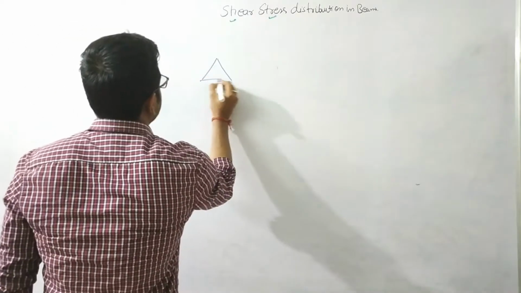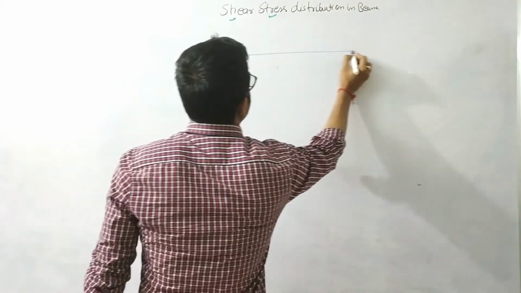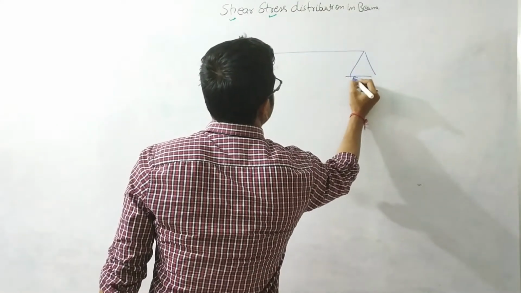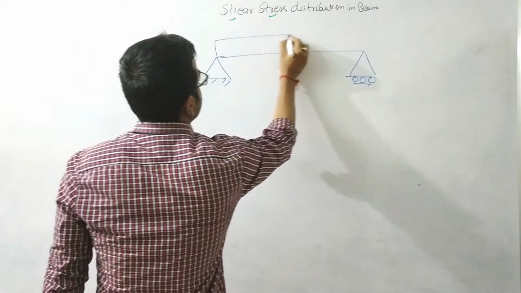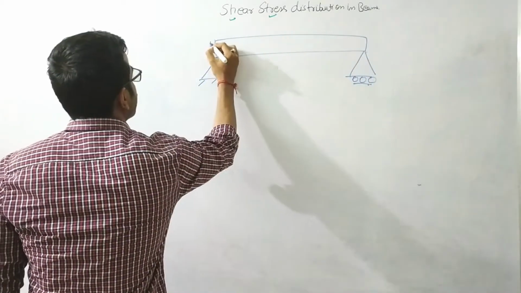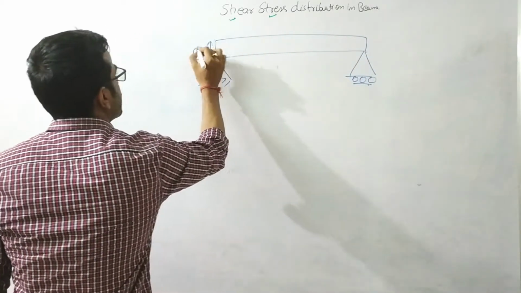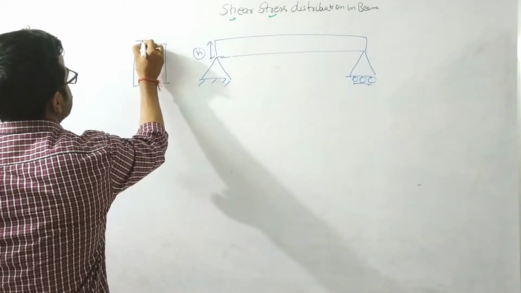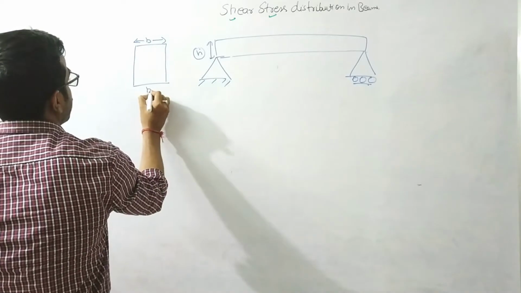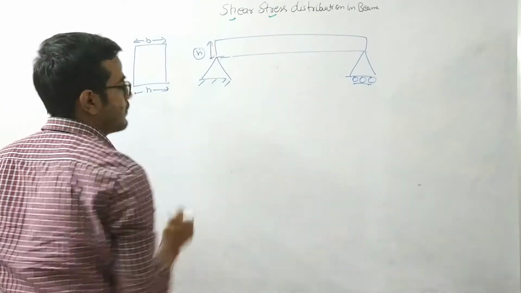Again, I'm taking a simply supported beam. The thickness of the beam is h, and the cross section is rectangular, b by h.